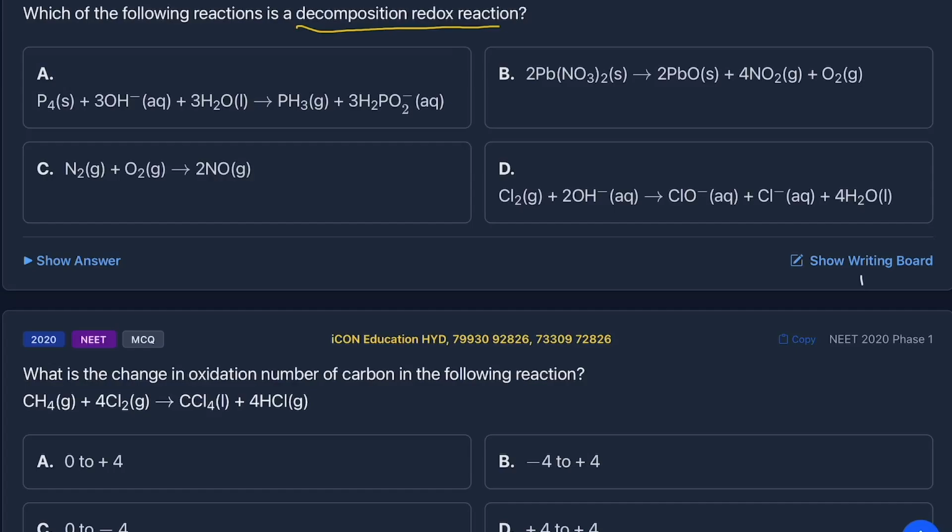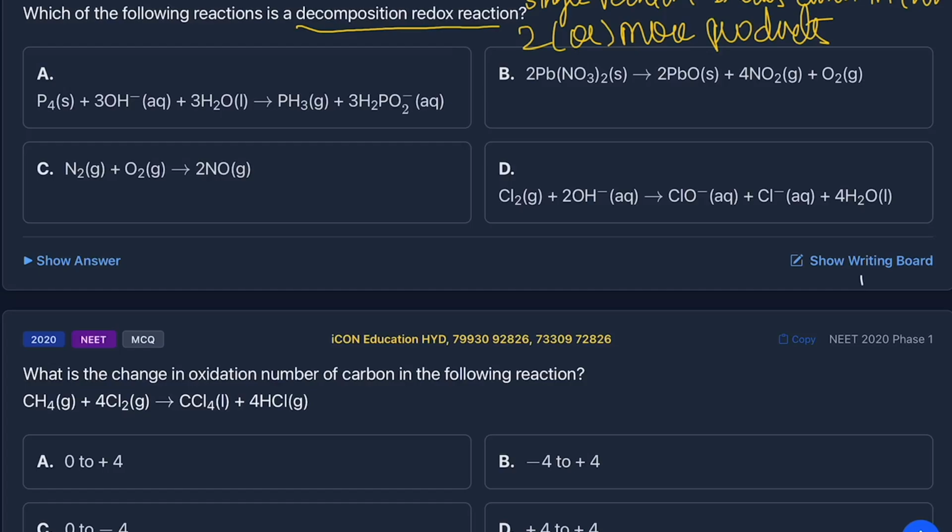A single reactant breaks down into two or more products.